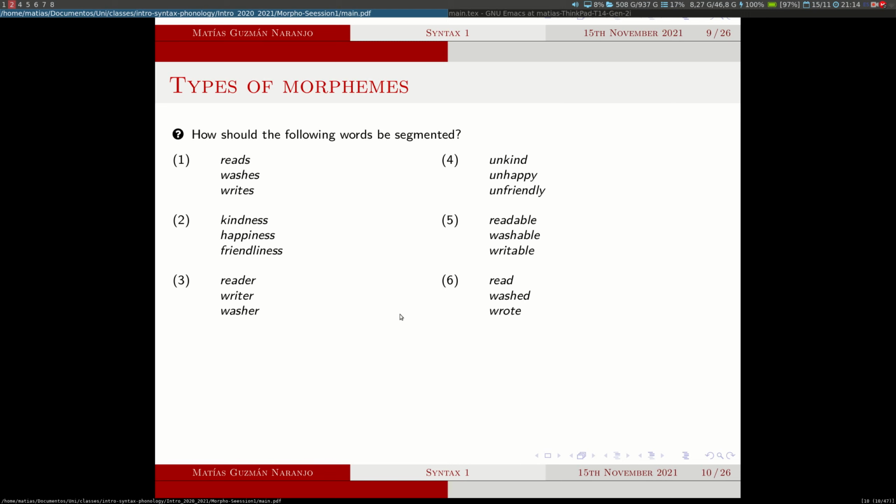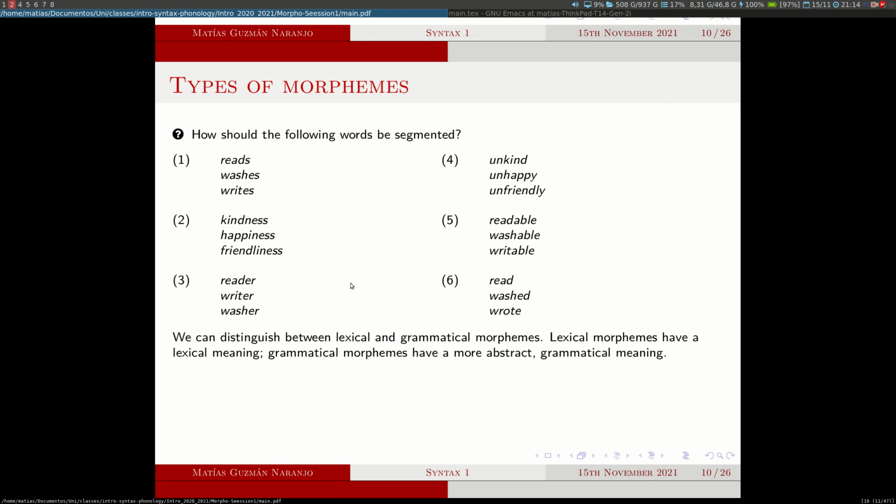So there's not much going on here. You can see reads, washes, writes. You give this a go. Try to segment this and discuss them with the tutor, or if you have questions, you can also write to me.